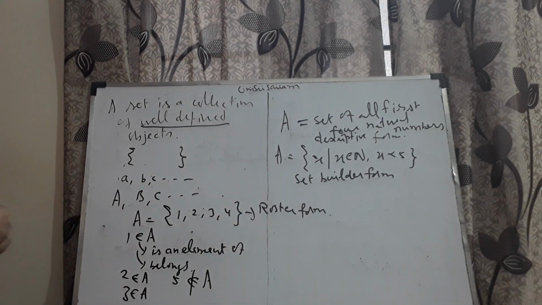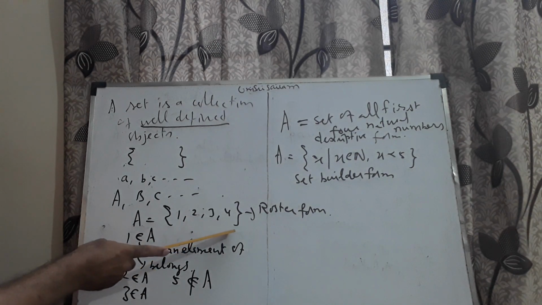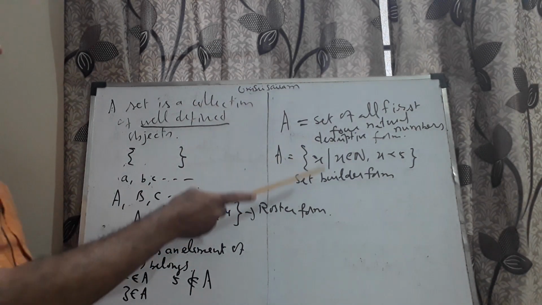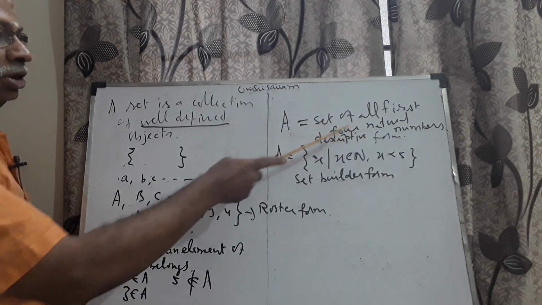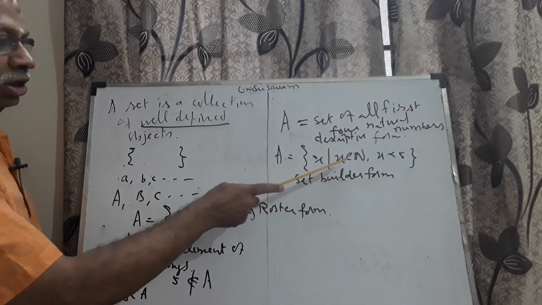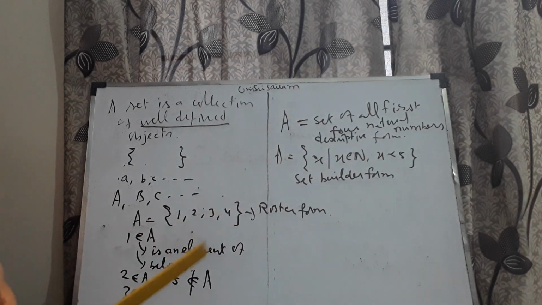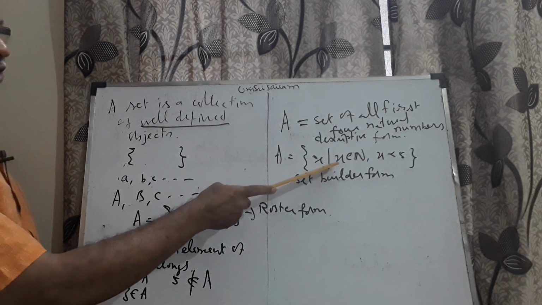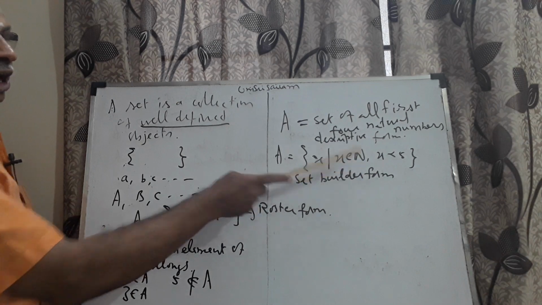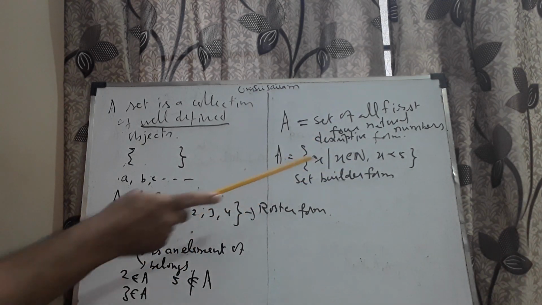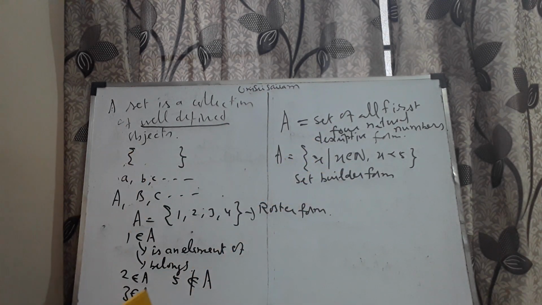Therefore, the same set containing 1, 2, 3, 4, where the elements are listed out fully, is called roster form. If the elements are written with a common property of the elements, like this, x such that x is an element of N, x is a natural number and below 5, this is called set builder form.